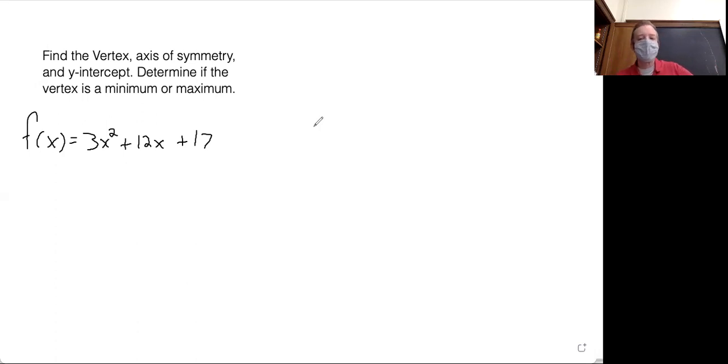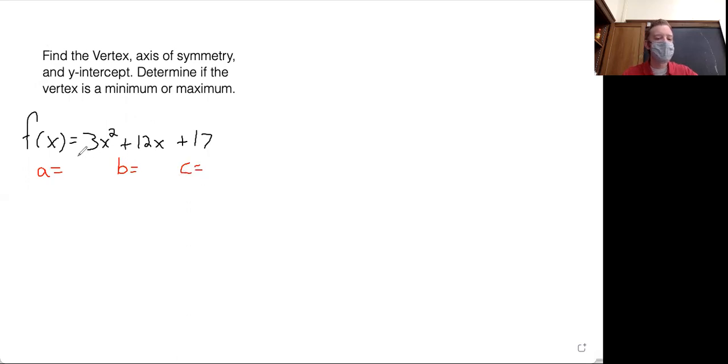With what we were seeing last week, before we did any calculations, we had to find A, H, and K, because those were the three letters that we had when we were dealing with vertex form. This time, in standard form, we don't have A, H, and K, we have A, B, and C. So we want to find these three things before we do any of our calculations.